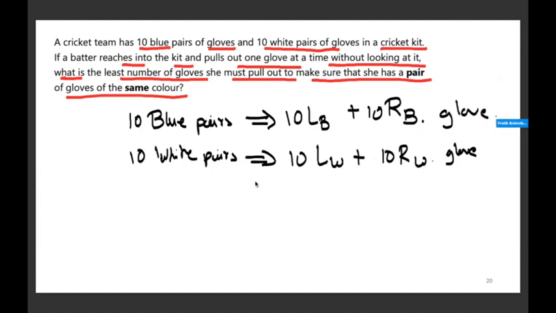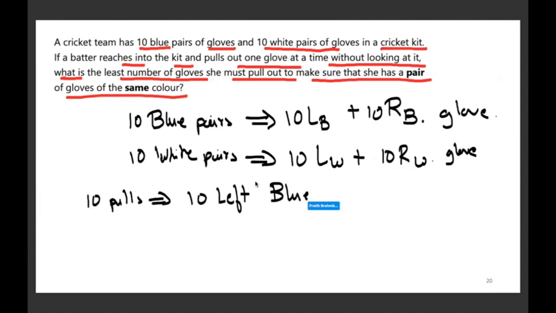Okay. So because हमको we have to be completely sure that this lady gets a pair of same color, let's imagine a worst case scenario. In the worst case scenario, what if this person takes out, in the first 10 pulls, all 10 left blue gloves.